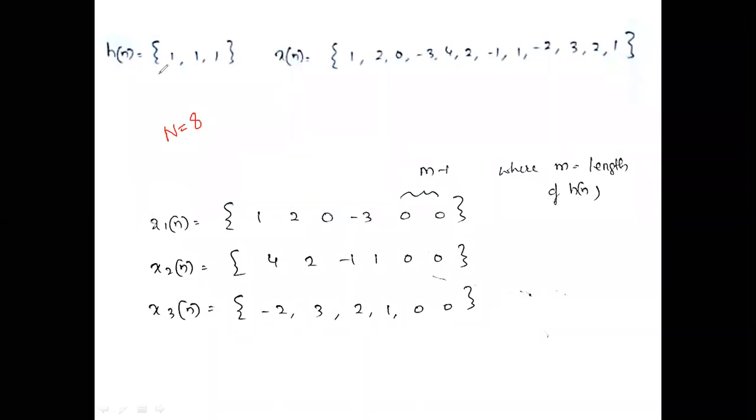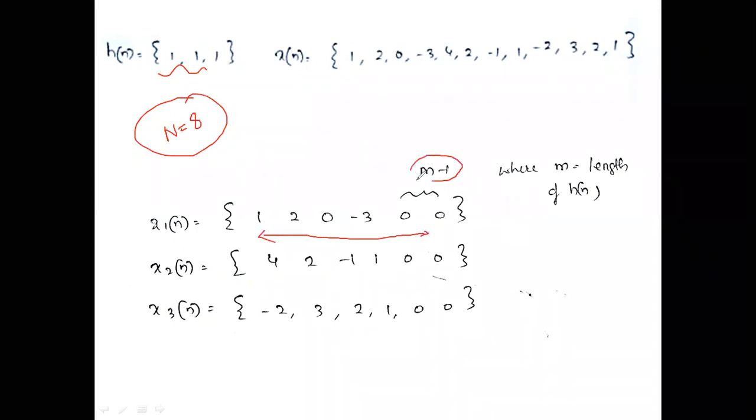M is equal to 3 only, the filter is the same, and N equal to 8 is given. How do you do it? The rule is you have to stuff in M minus 1 zeros for each subsegment, and the total length of the segment shall be 8. Can anybody tell me how many subsegments we are getting, and what is the first subsegment?